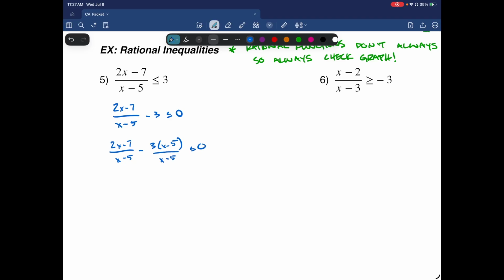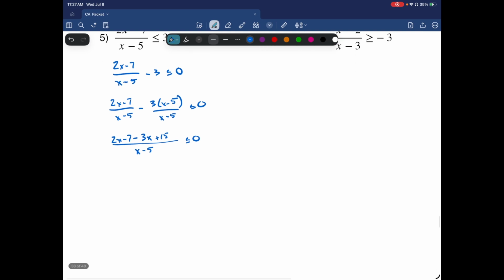All right, so that's going to be 2x minus 7 minus 3x plus 15. You got to distribute the negative over x minus 5. All right, so that's going to give you, on top, negative x plus 8, on the bottom, x minus 5.